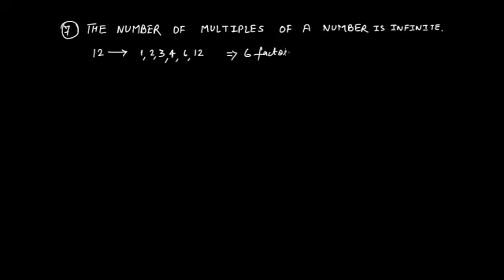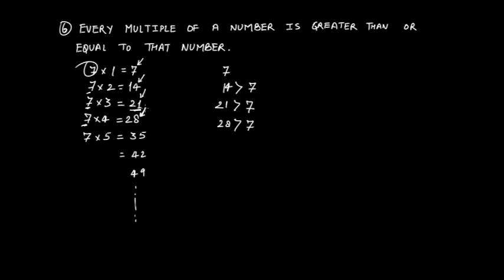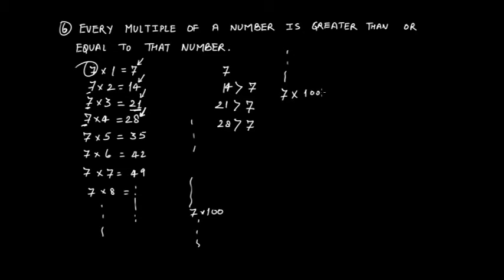But if someone says, hey, how many multiples could you get for 7? So you would say this is 7 multiplied by 6, 7 times 7, then 7 times 8, and so on. You will go on, then 7 multiplied by 100. Then you would go on and somewhere you would reach 7 times 1000, right?